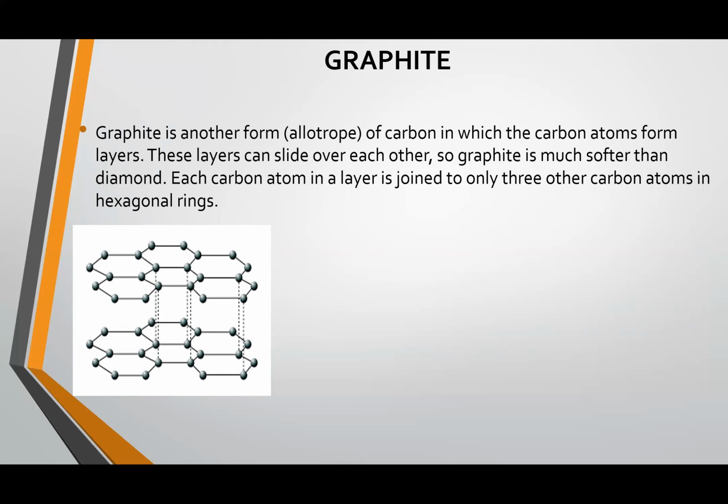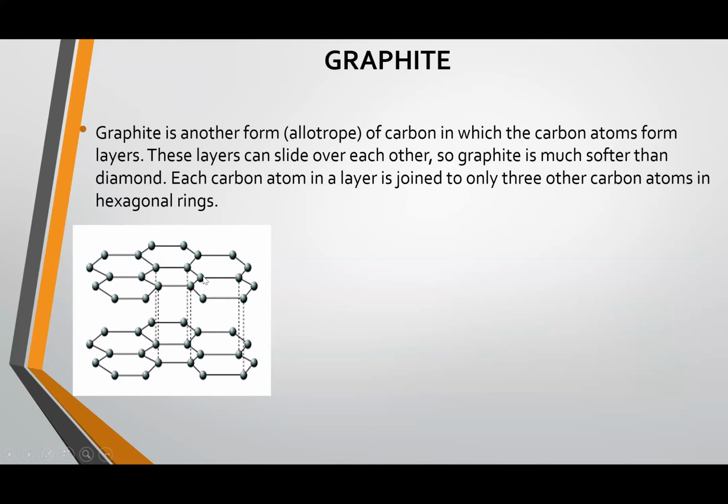As you can see on the structure, we have one layer here, the upper layer, and this is the down layer. This is the bond joining 2 atoms, and this is another bond joining 2 atoms. If we consider this atom, we have one bond here, another bond here, and another bond here. So each atom is bonded to 3 other atoms.